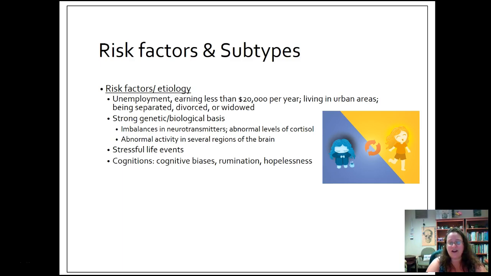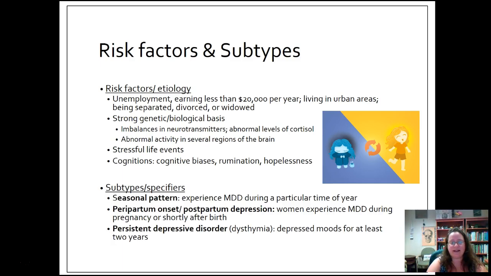Stressful life events can cause this. So you can experience something stressful that triggers a depressive episode. And then the way we think can also trigger depressive episodes. So if we call somebody and ask them out to dinner and they say, no, I'm just busy that day, and we think, oh, everybody hates me, life is terrible, that is going to be a cognition that can then predispose one to depression. So it can be a mix of social, personal, and genetic or biological factors.